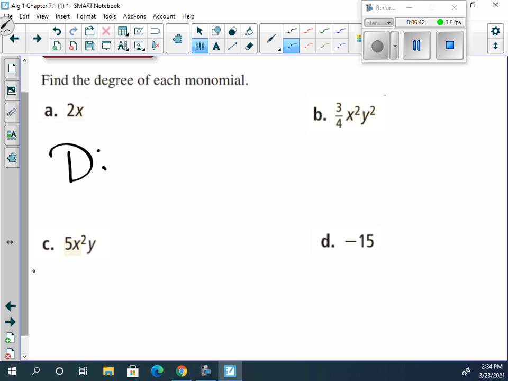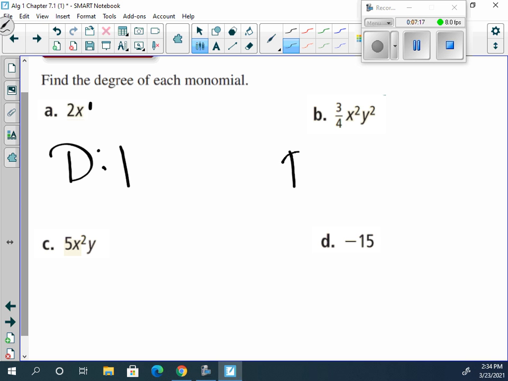But here we have 2x, yes? So we're looking at what exponent goes along with our variable x. If there's not one written, it has to be 1. Because anything to the first power, if it's not written, exponents are always 1 if they're not written. Does that kind of make sense?